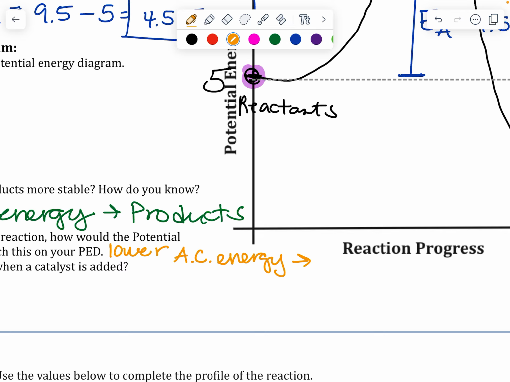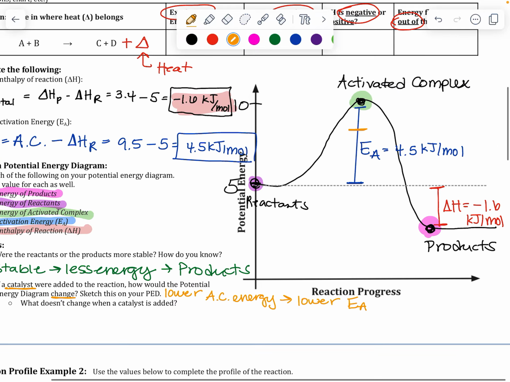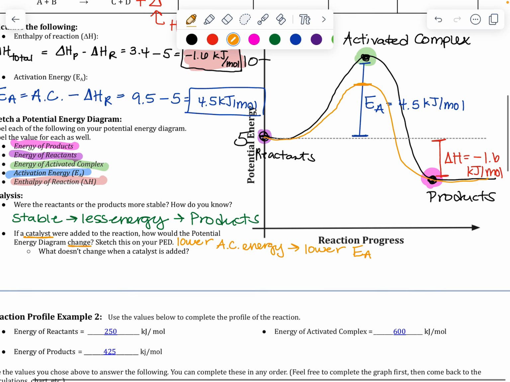And as a result, I'm going to get a lower activation energy with that. And so I'm going to see this, the hump in my graph is going to be lower. But what's not going to change is that my reactant value isn't going to change and my product value isn't going to change. So it's going to start and end in the same spot, but that activated complex, that hump in the middle, is going to be smaller.